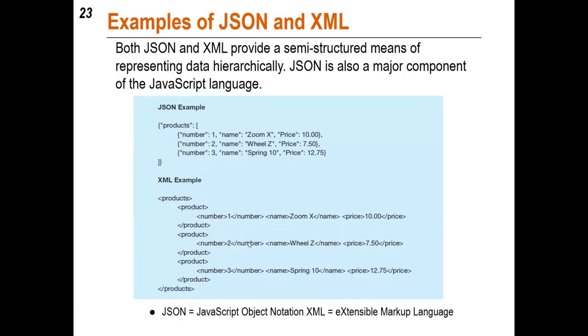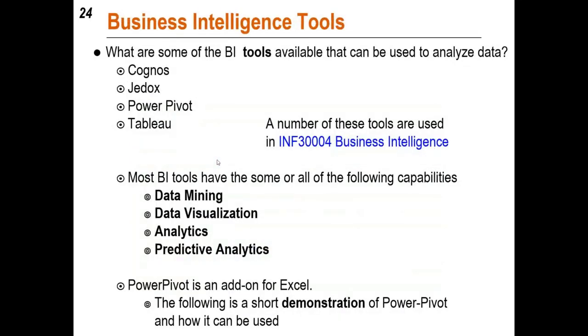In the product we have a product number, product name, product price, etc. We may have three records here in XML, and this is how we show it in JSON. So this is how we record the data in big data using big data technology.